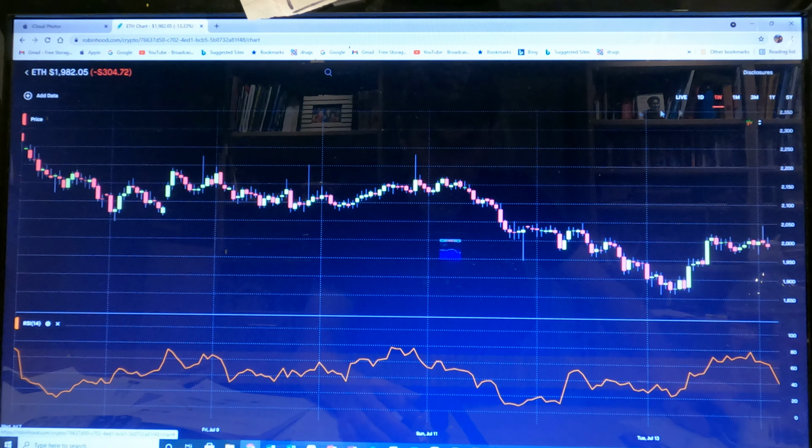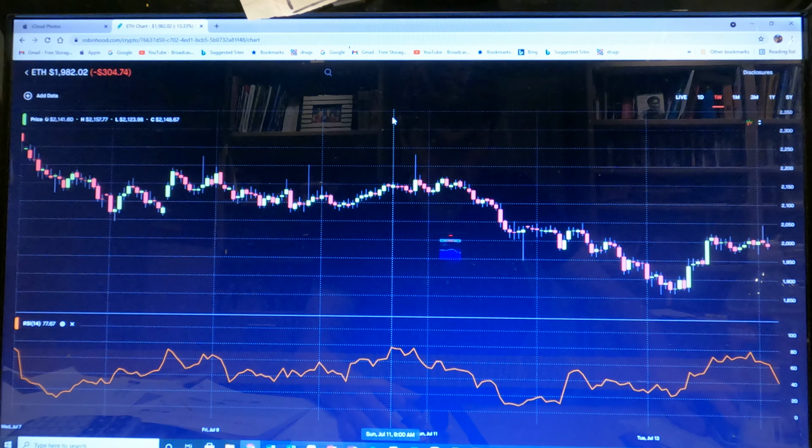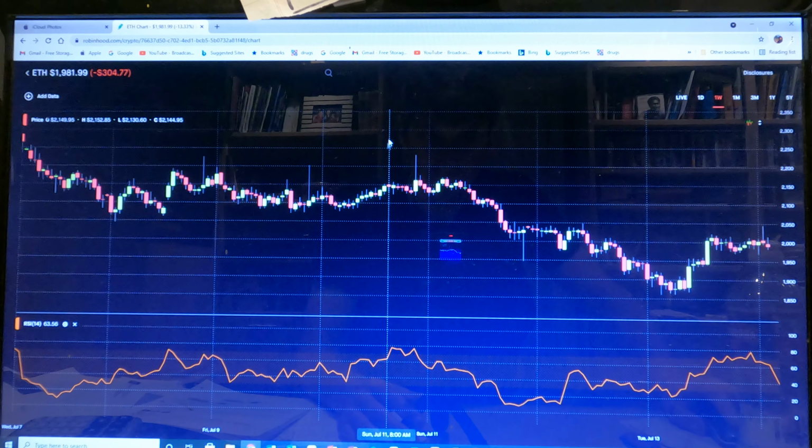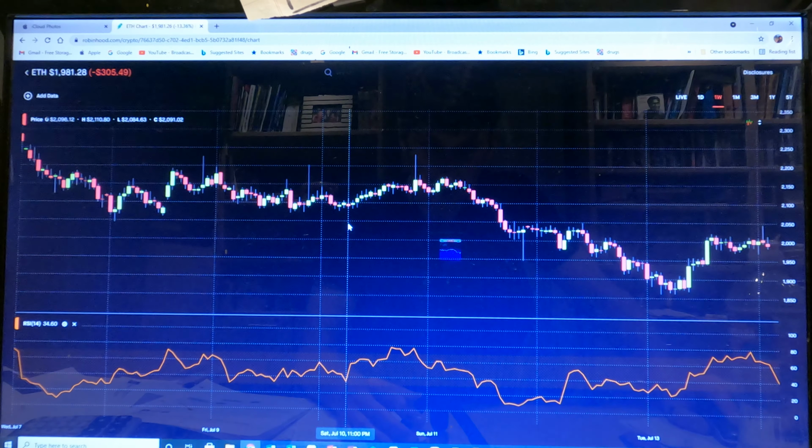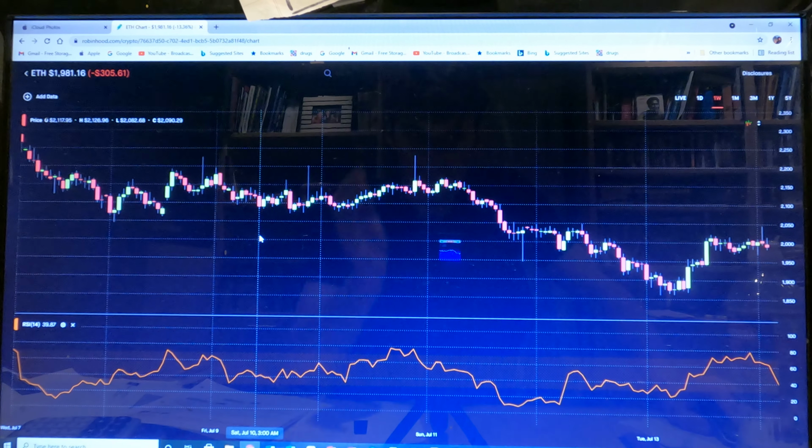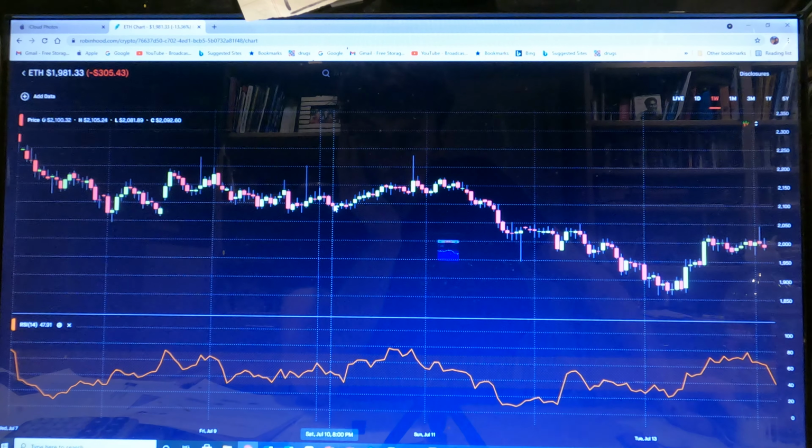If you have the opportunity to have a computer and a screen to look at Robinhood and your stock or whatever, you can get a much bigger idea of it when you have a big screen like this. A huge, much bigger idea. And you can kind of see what's going to happen more. There are better gadgets, but whatever. We're working with what we got. So this is Ethereum over 1 week.